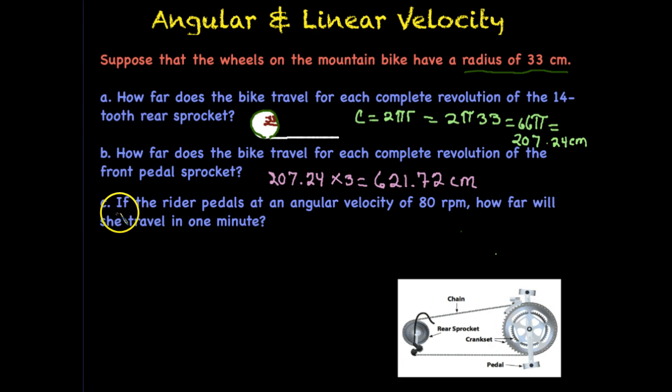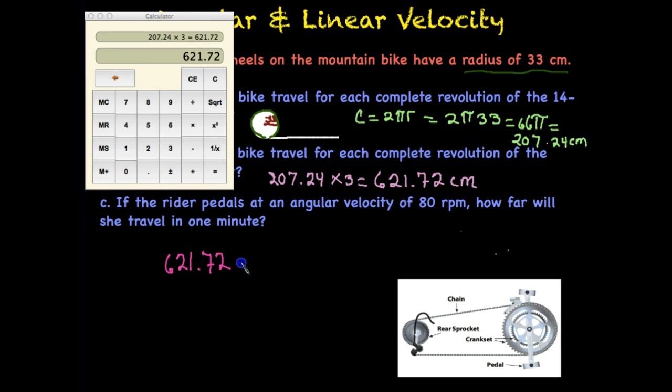Let's look at C. If the rider pedals at an angular velocity of 80 revolutions per minute, how far will she travel in 1 minute? In this last case, we know that one rotation is 622 centimeters, but if she is traveling 80 revolutions per minute, we could multiply that by 80 to see how far she travels.